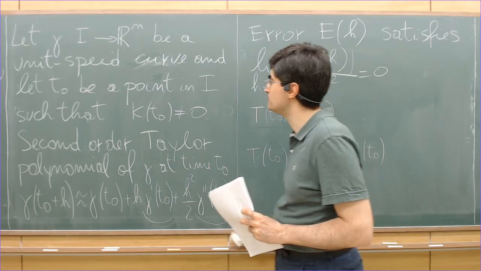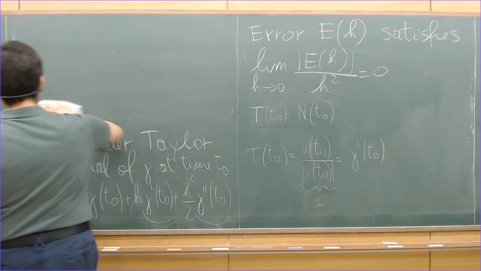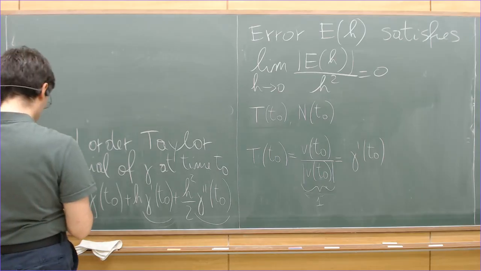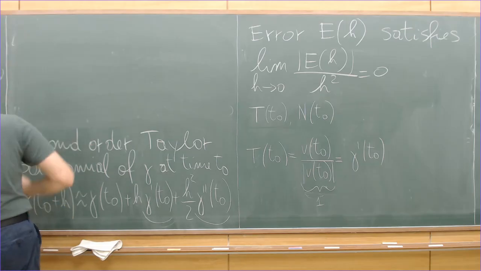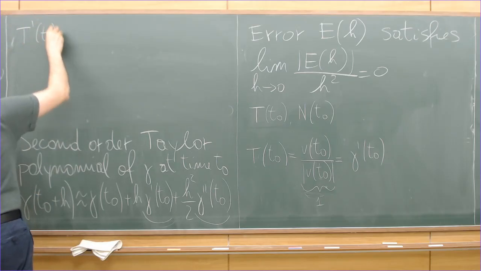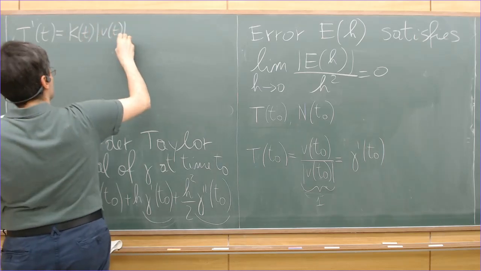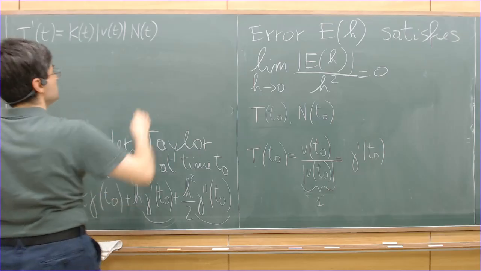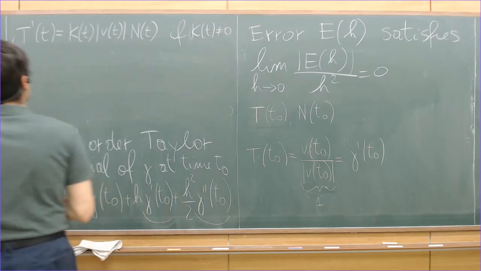What about the second term? Last time we proved that T prime of t is equal to the curvature times the length of the velocity vector times the unit normal vector N of t, if the curvature at time t is non-zero.